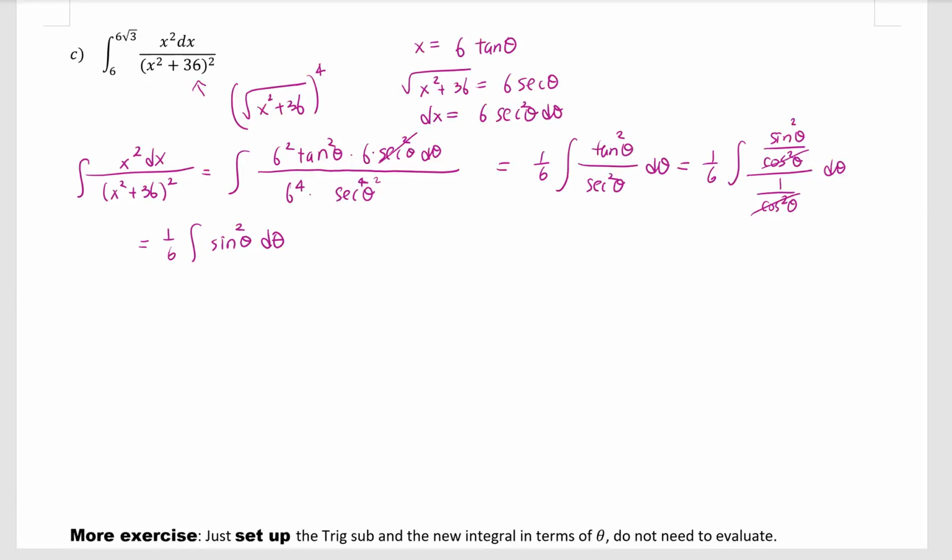Why do I think of changing it in terms of sine and cosine? Well, you look at this guy. The power of tangent is not odd, so it's not the first case. The power of secant is 2, but it's negative 2. You cannot really split a secant squared, right? Because it's in the denominator.